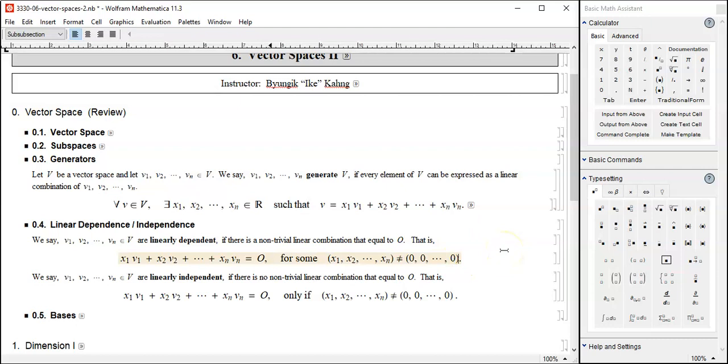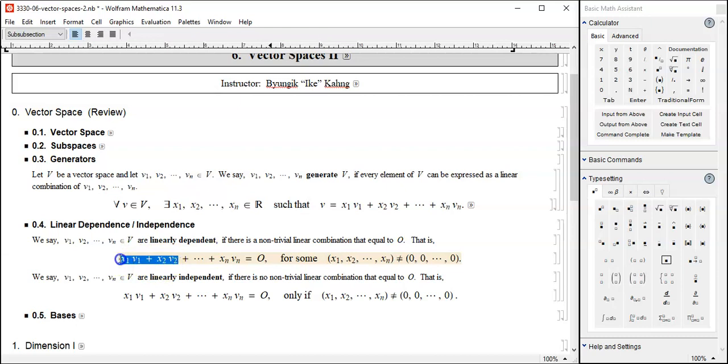There is a certain coordinate x1, x2, xn, not all of them equal to 0, such that the linear combination x1 v1 plus x2 v2 plus all the way up to xn vn is still the zero vector. If there is some redundancy, yes, certainly. For example, v1 and v2 are the same. In that case, we'll put 1 and -1.